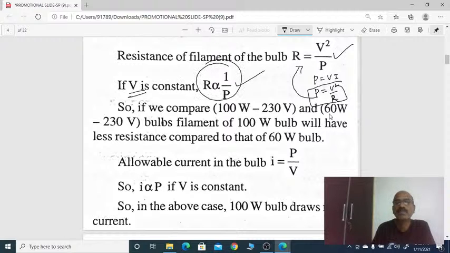More power, less resistance. If the resistance is less, more current will flow through.